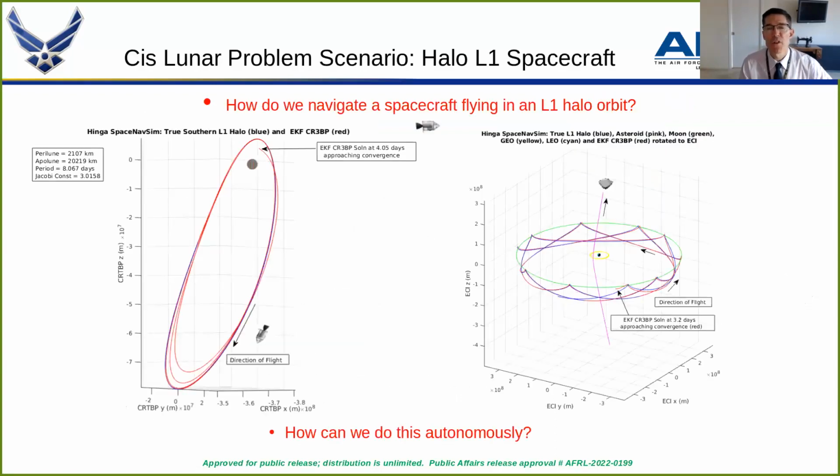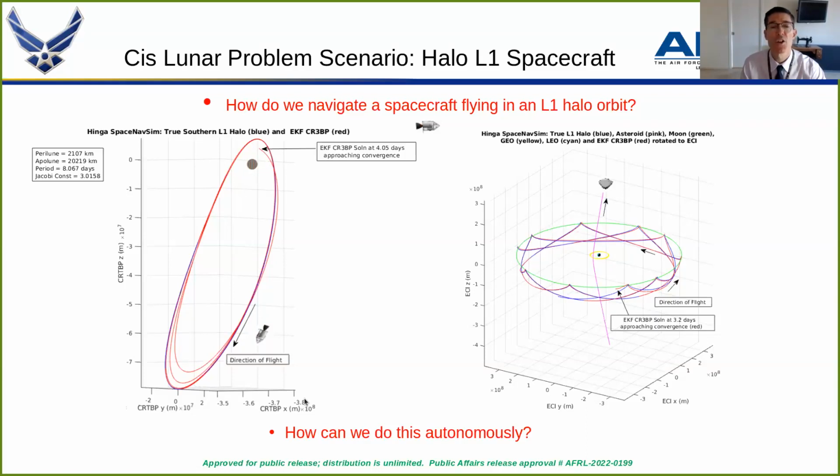So the problem scenario is a Halo L1 spacecraft. I like to think of it as the Apollo CSM module. On the left side, you see the circular restricted three-body reference frame. The true southern blue orbit is the simulation truth, and the red trajectory is the Kalman Filter solution.